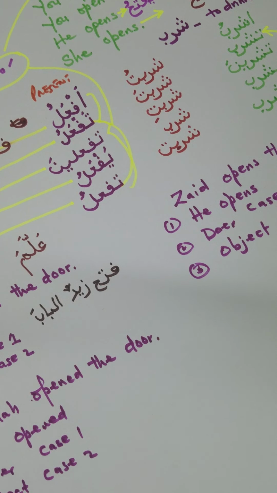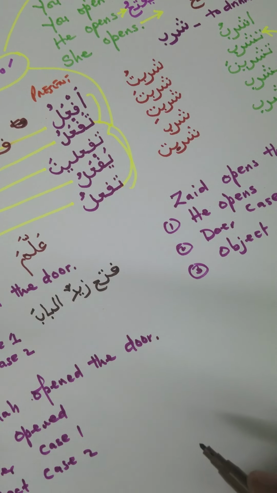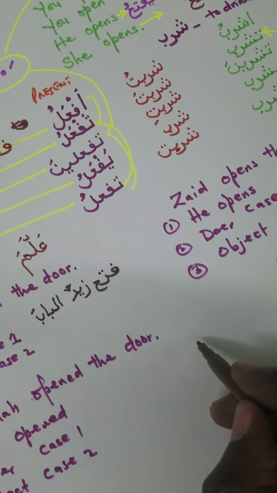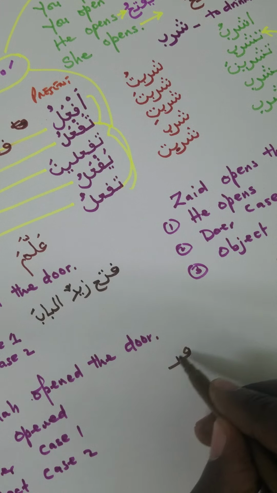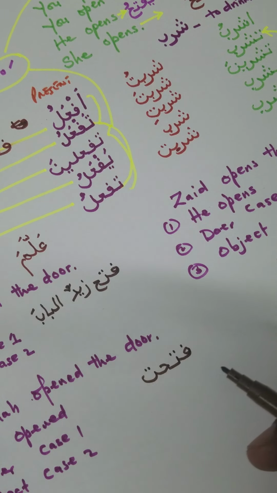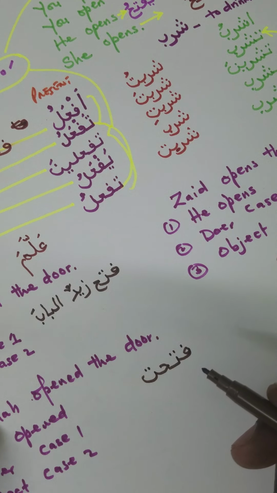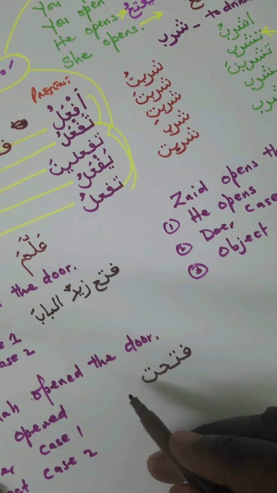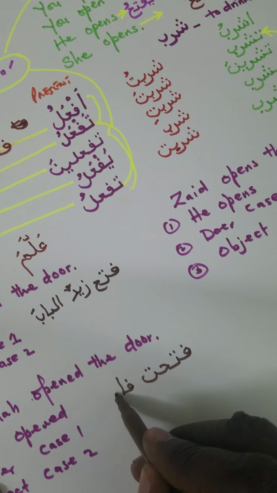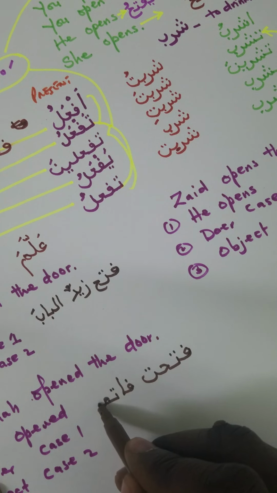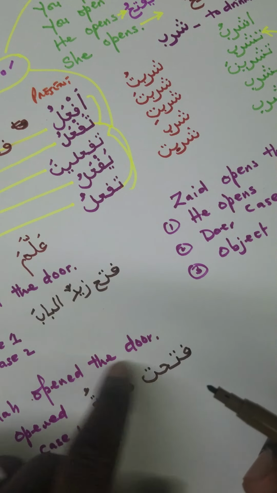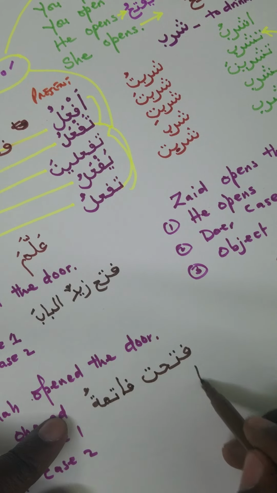What is it going to look like now? She opened. How do we put she opened? Fatahat. Doer in case 1, Fatimatu. The object in case 2 is al-baba.